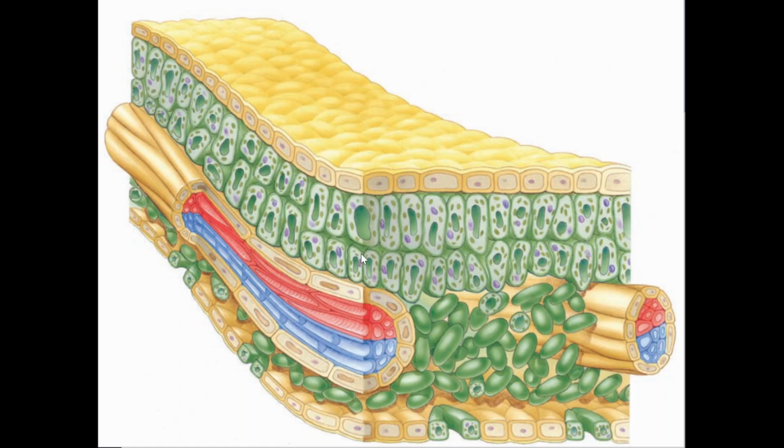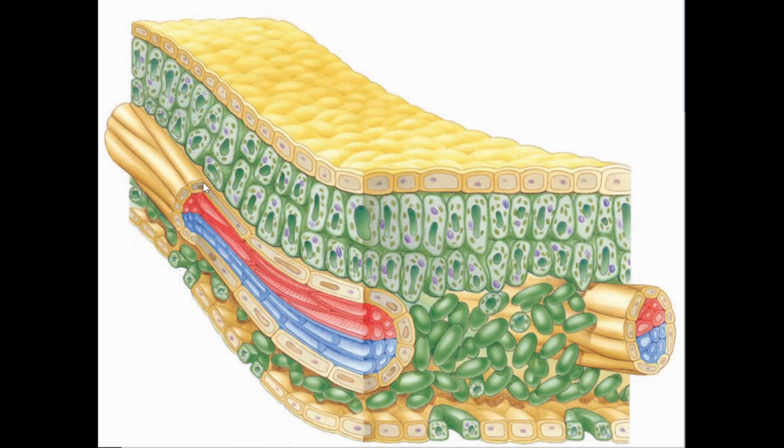This leaf has only 2 layers, but some have 3 or 4 layers. Usually plants that live in the shade have less palisade mesophyll, and plants living in open sunlight have more layers of palisade mesophyll.